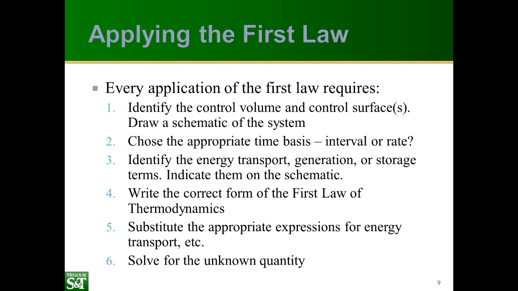And then you write the correct form of the first law. And once you've done that, you'll get into what we start doing in the rest of the course, which is substitute the equations for conduction, convection, etc. And once you've substituted everything, then you can solve for whatever it is you're looking for, your unknown quantity.